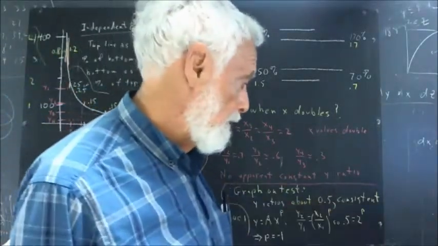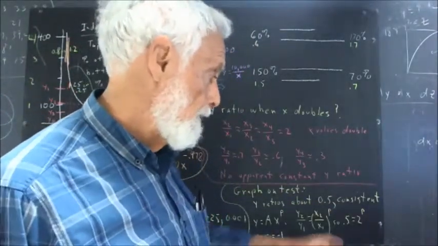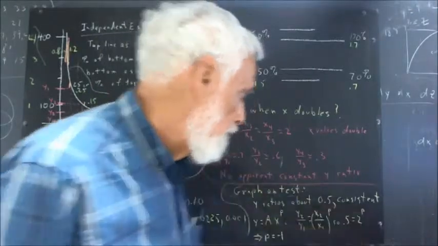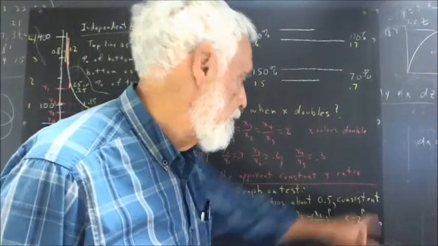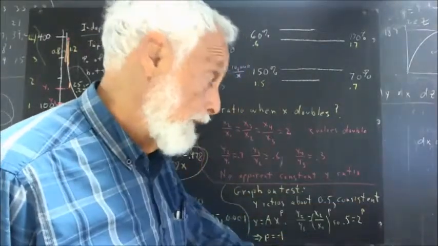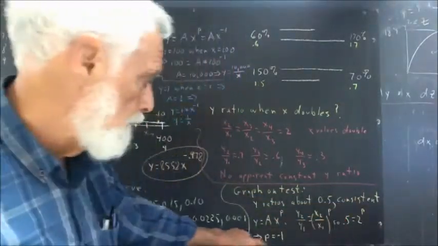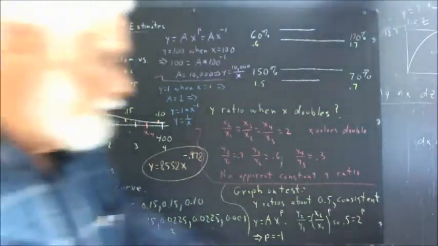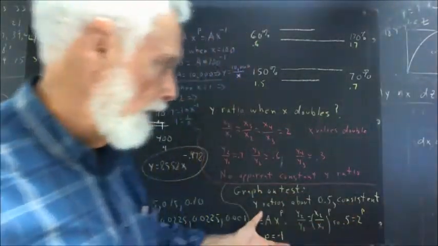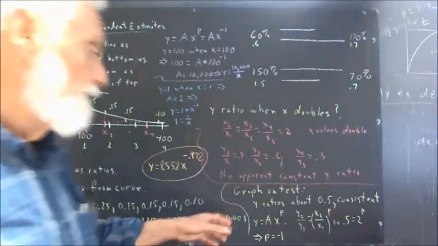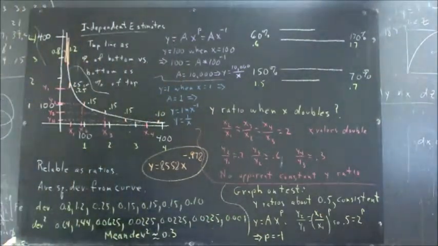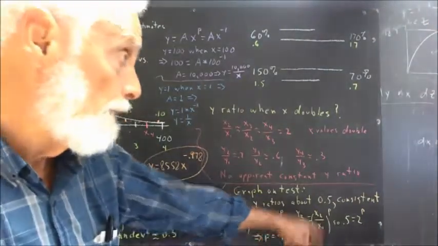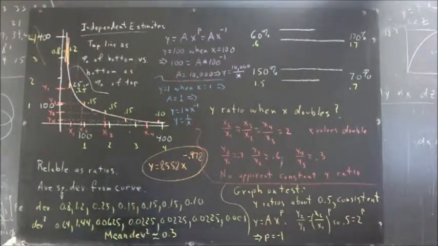And then if you understand the laws of exponents and think about it a little bit, if this was the correct ratio, we'd have 2 to the negative 1 being 1/2, which is 0.5, so p would be negative 1. Now, if you got 0.4 or 0.6, you'd either have to use logarithms or trial and error to determine a reasonable value for p. But for the graph as it is, negative 1 is a reasonable value.